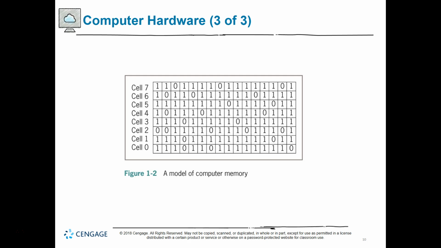But a single 0 or 1 doesn't do us a lot of good. All it can tell us is on or off. So we typically break data into a couple different things. And you'll hear me talk about that over the semester in a lot of pieces, that the idea of binary comes in, and then we break them into groups. Typically, what we actually break them into are groups of 8.